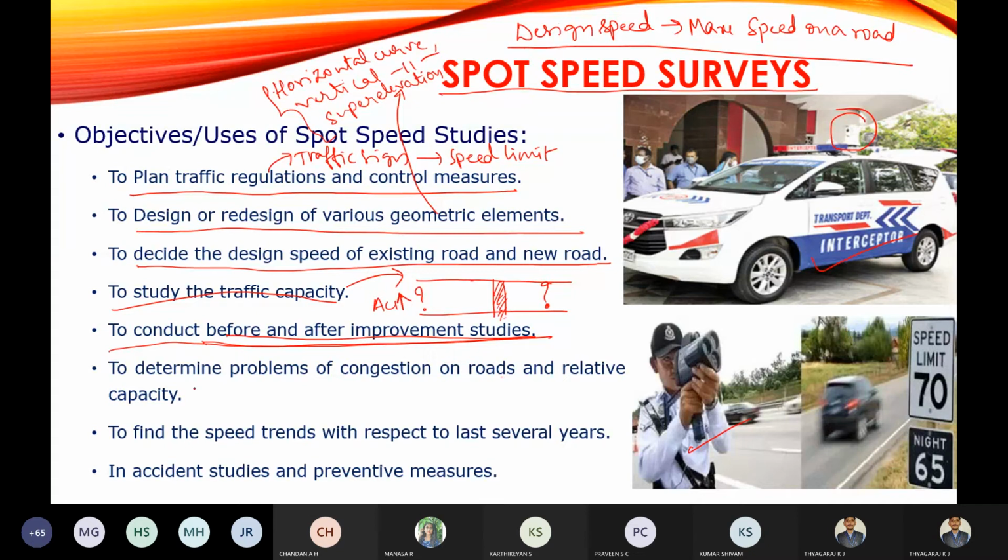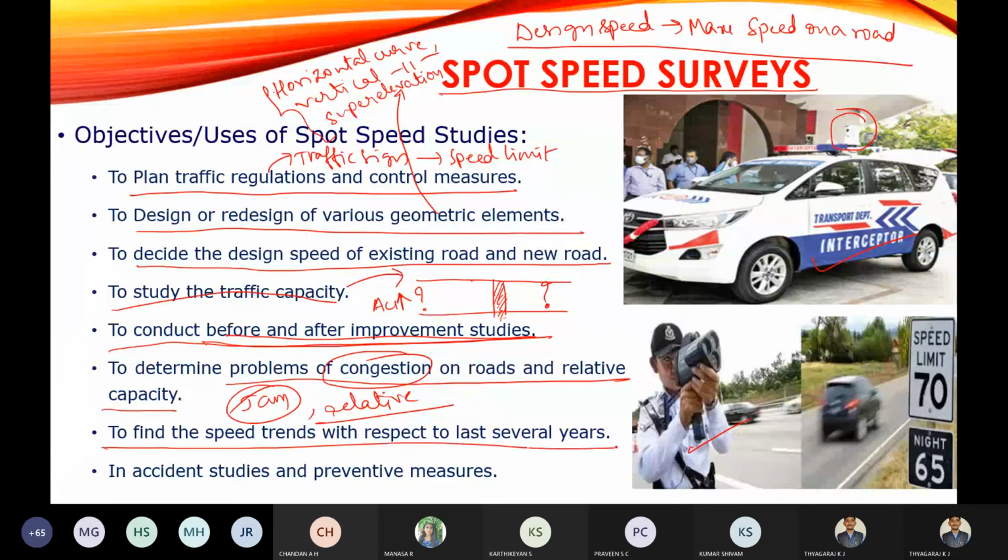Then to determine problems of congestion on roads and relative capacity. For the jamming condition, what is the problem for the jam, and what is the relative capacity, that is, when the jam is there, what is the capacity of the road? This is determined by the spot speed study. Then to find speed trends with respect to the last several years.